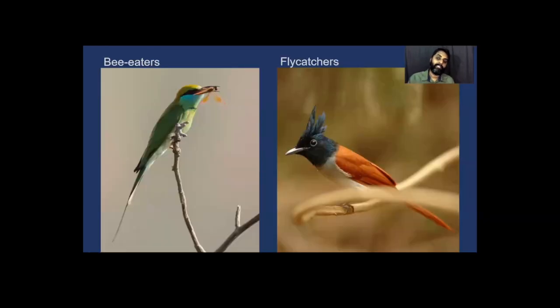There are a few species of birds that do this kind of behavior, like the bee eater and the flycatchers. They sit on the branch, look around for insects, swoop down and catch the insect, and come back, almost all the time in many species, to the same branch, kill the insect on the branch and swallow it. So if you know this behavior, again, you can try to narrow it down. This is a flycatcher or a bee eater.